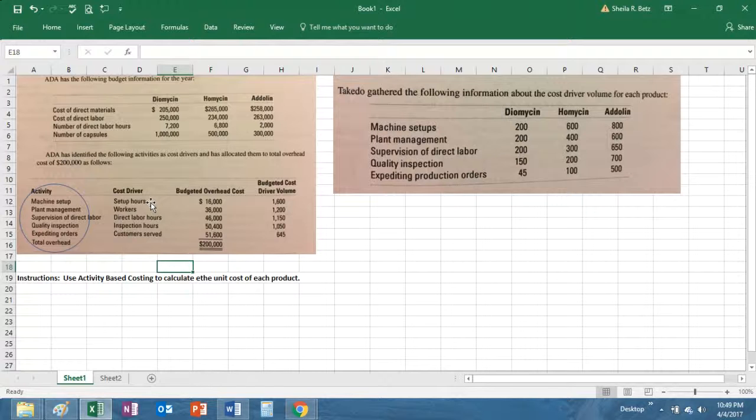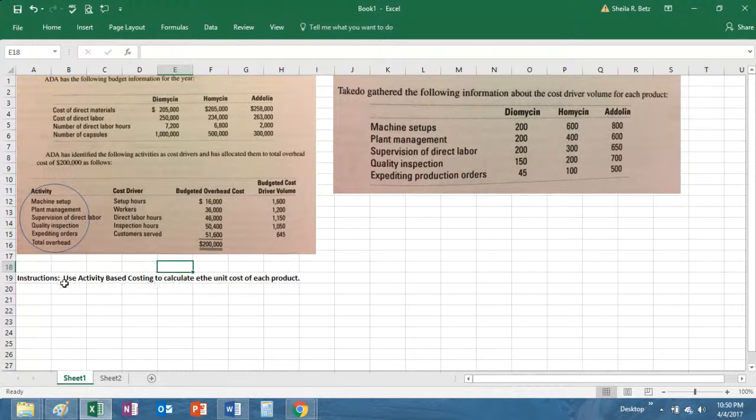More setup hours would probably also increase the amount of electricity for the machine. So they try to find a common correlation between the cost in this pool and what's driving the cost. You're never going to find a perfect correlation for every single cost in the category, but you're trying to find at least something that drives the majority of the cost.